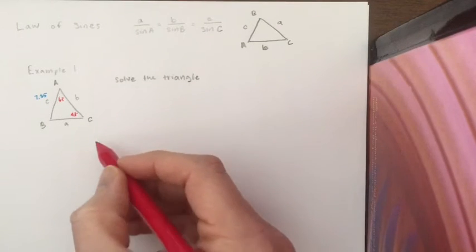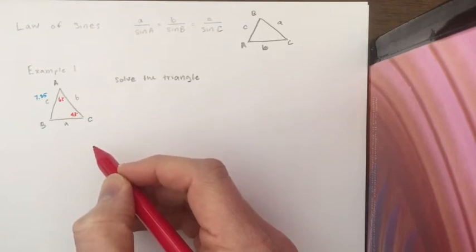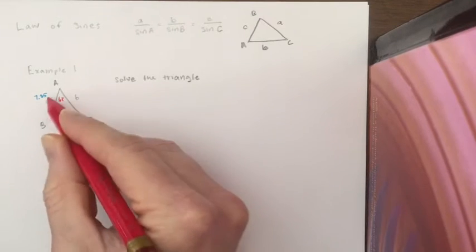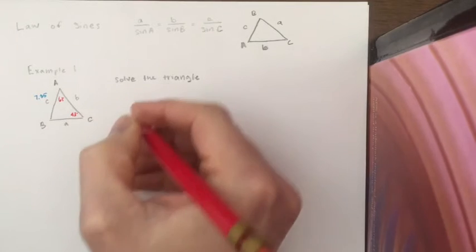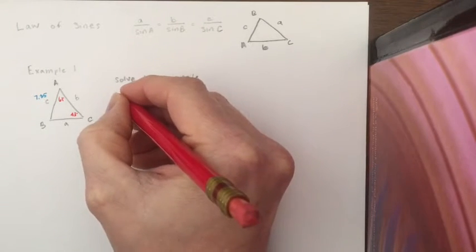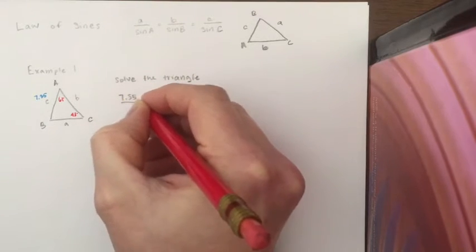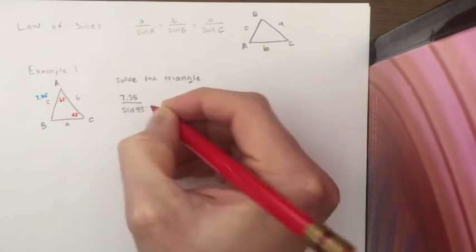So you have to look for the two parts that you know that go together, that correspond. We know angle C, and we know that side c is 7.35, so that's our first part. We're going to say 7.35 divided by the sine of 43 degrees.